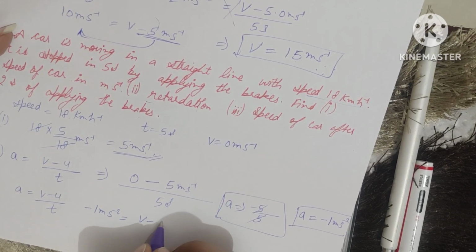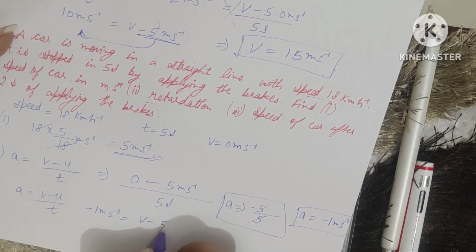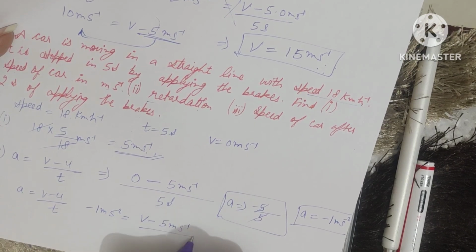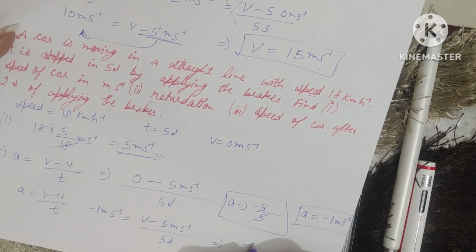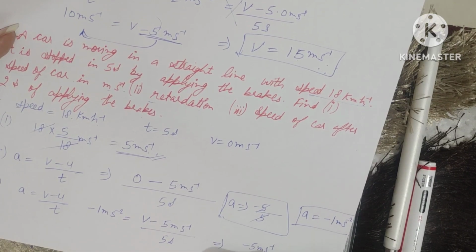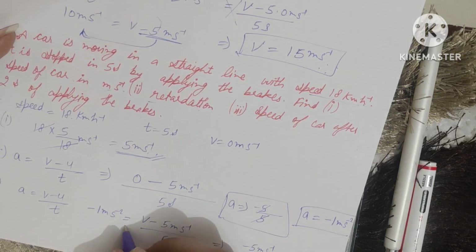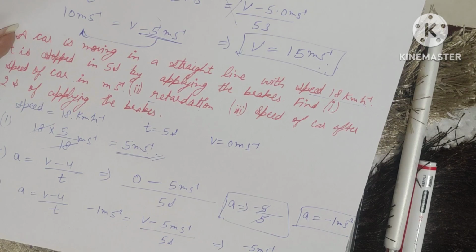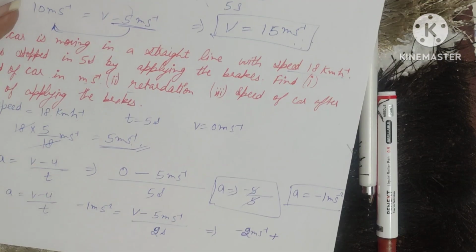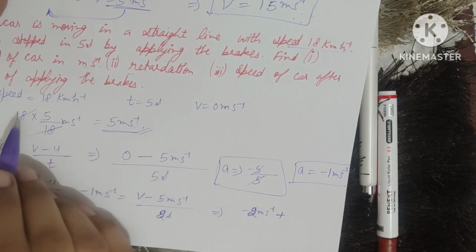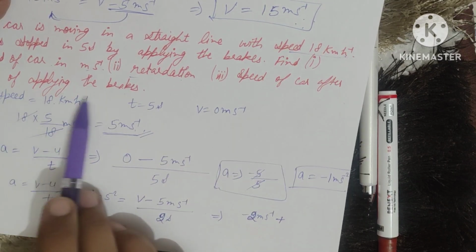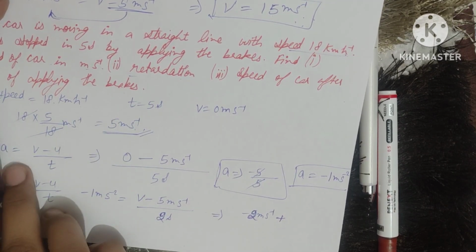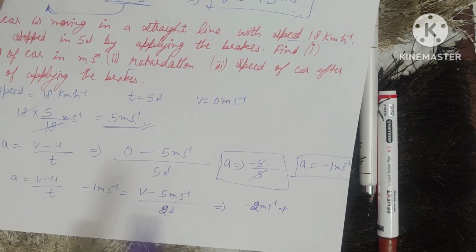And u is the initial velocity, which is 5 meters per second. The time we are taking here is 2 seconds, because we need to find the speed after 2 seconds of applying the brake.